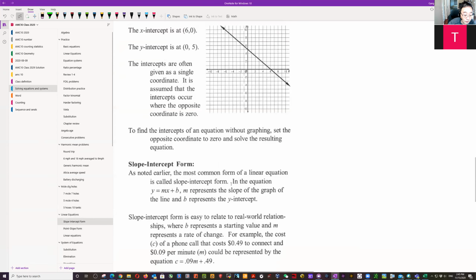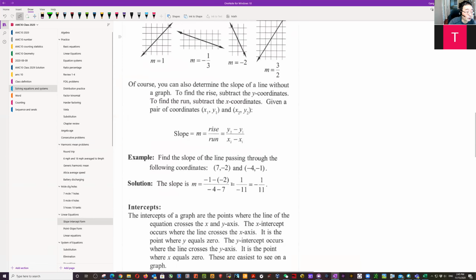That will help you out. The definition of the slope is rise over run. Those are two known numbers, fixed. So m equals y2 minus y1 over x2 minus x1.